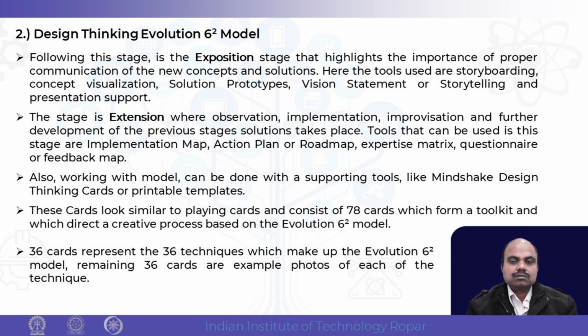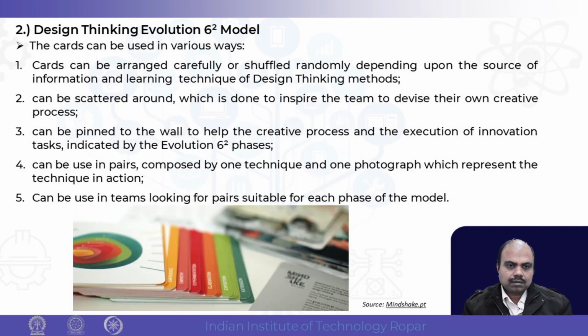Working with this model can also be done with supporting tools like Mindshake design thinking cards and printable templates. These cards look like playing cards, and they consist of 78 cards, which form a toolkit that directs a creative process based on the Evolution 6 Square method.